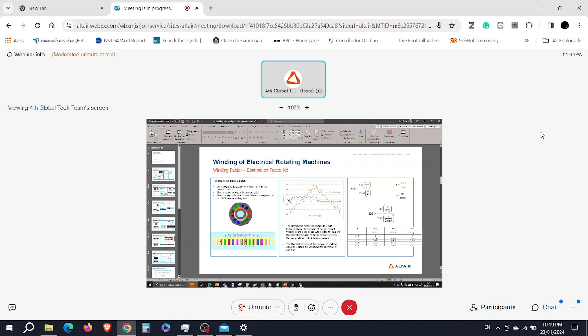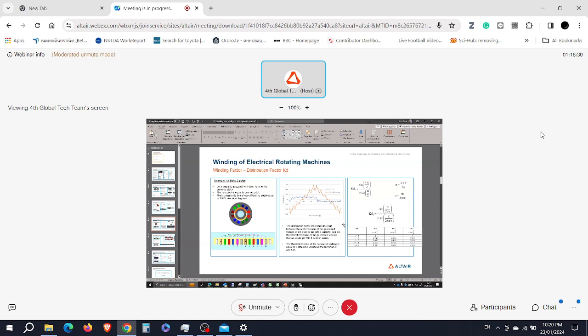If we consider the voltage of the phase in blue and the voltage of one coil multiplied by 6, we can see clearly it's not the case. So this is really the impact of the distribution of the winding on the voltage we recover.